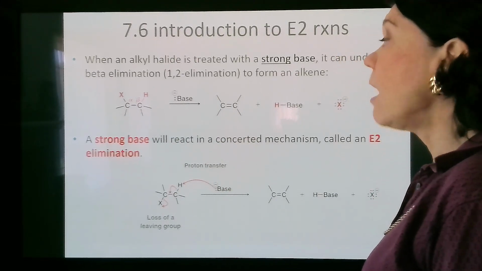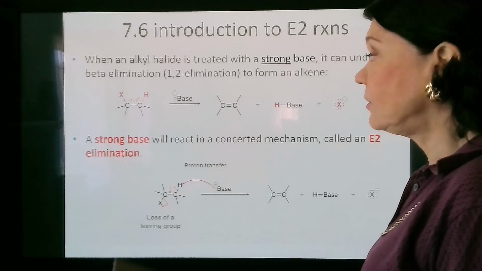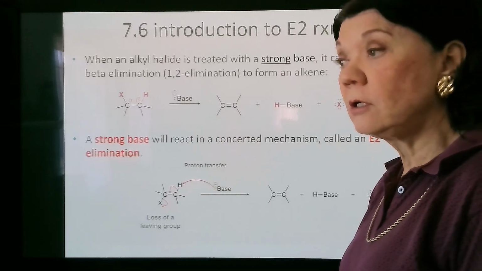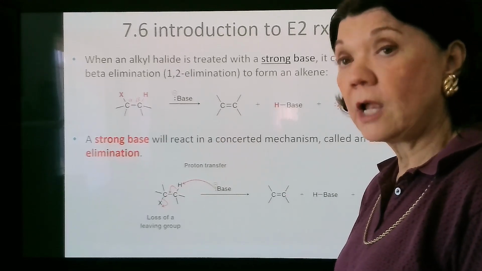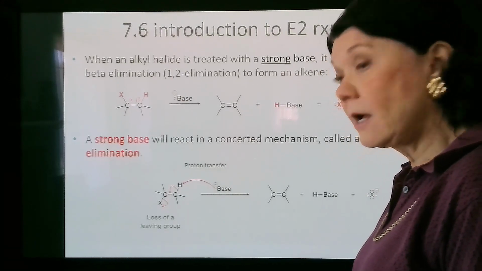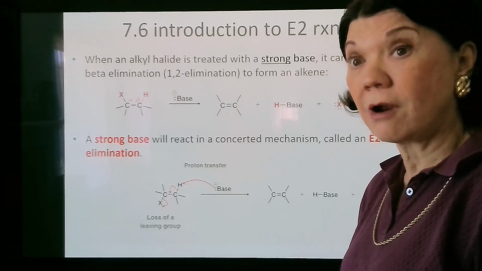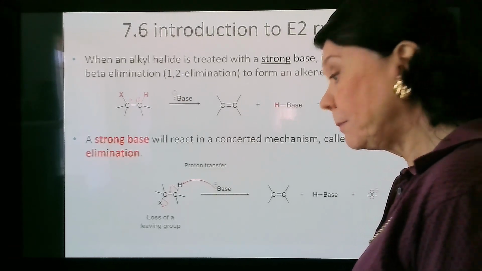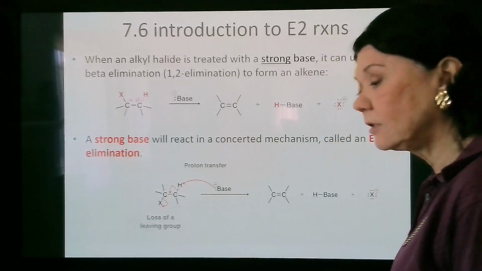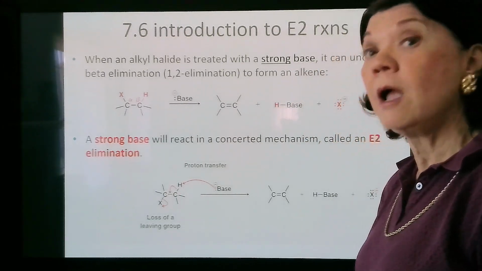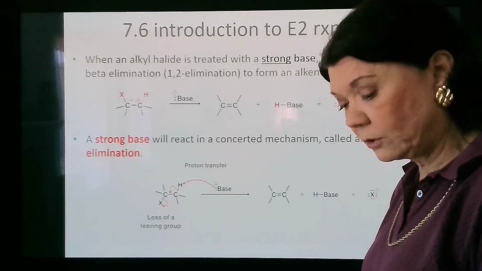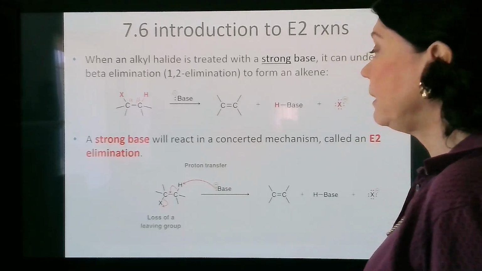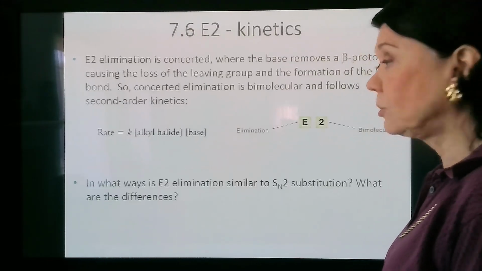And very often, these bases will be oxygen anions or nitrogen anions. Those are anions in which the negative charge resides on oxygen or nitrogen. But it's not exclusively oxygen or nitrogen. Those are the most common ones, and you'll see that. So you should be easily able to recognize these.